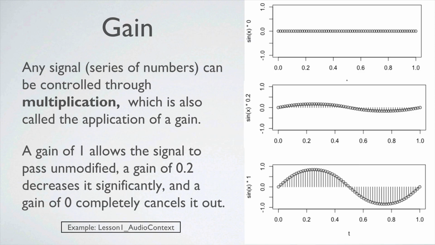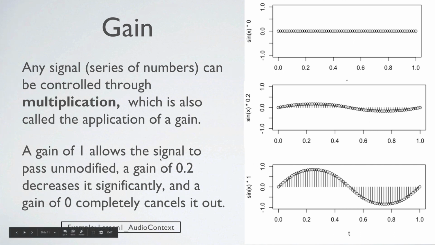Applying gain, I mentioned this already, but applying a gain of 1 means we multiply the sound by 1. We multiply the numbers in the noise or in the periodic signal by 1, and of course multiplying by 1 has no effect whatsoever on any number because it stays the same. So we'll end up with values that are pretty similar.